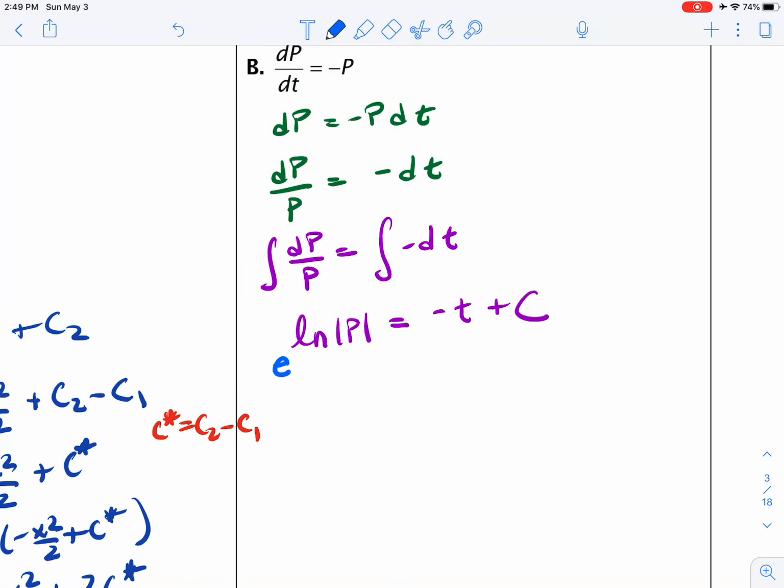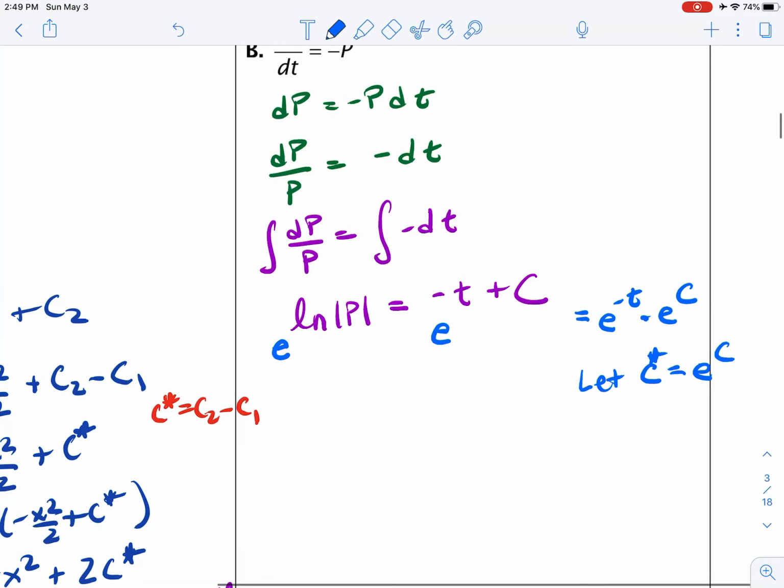So I can raise this to have base e, and this would equal e to the minus t times e to the c. And I can let my c star equal e to the c. And so I would end up with p equal to c star times e to the minus t.